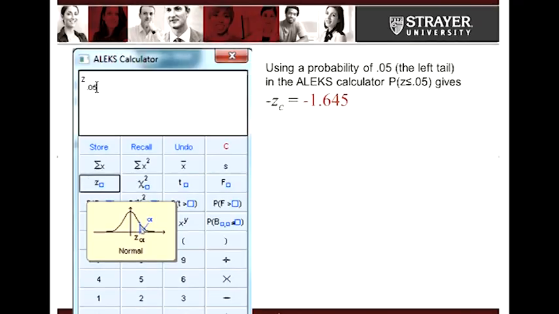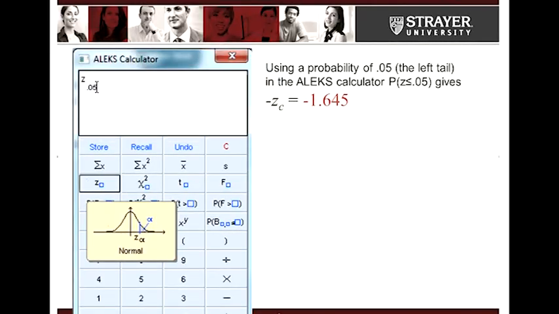All I need to know is the part of the curve that's in one tail, and that's the number I put into the little box in ALEKS, in the Z. Then when I click enter, I get the Z-score 1.645.